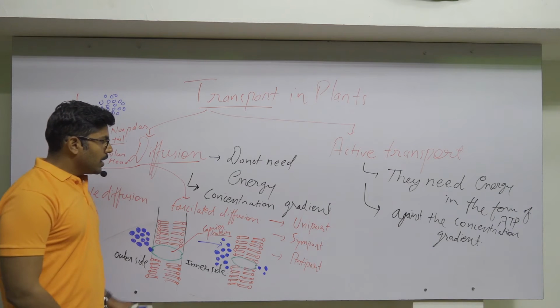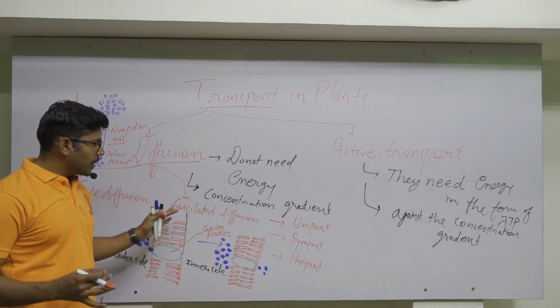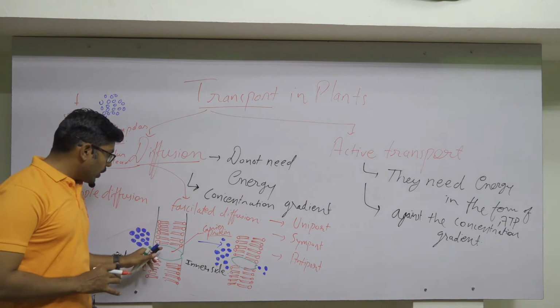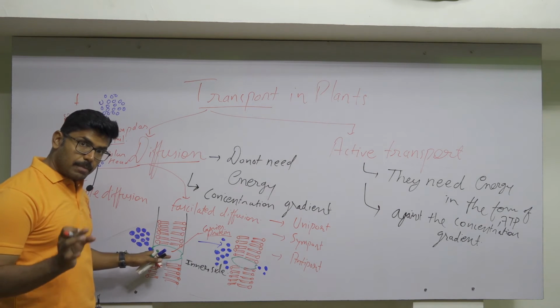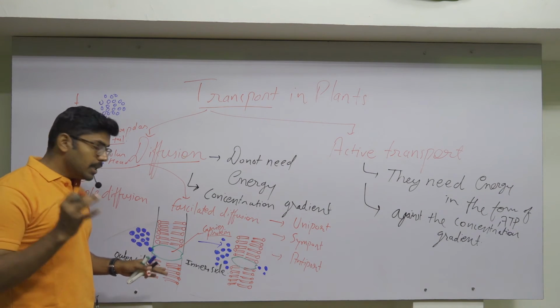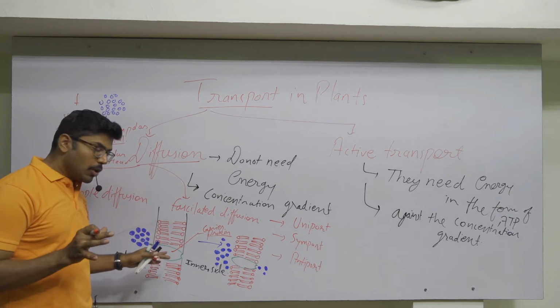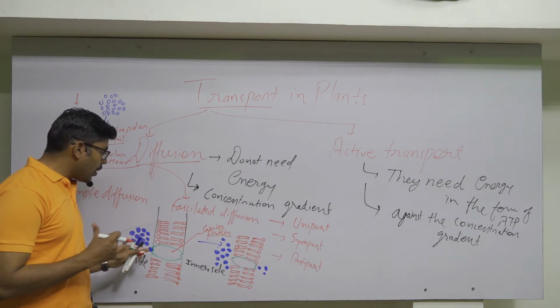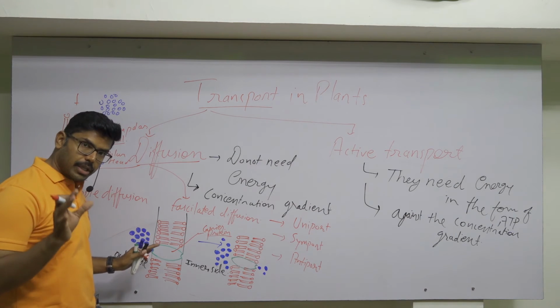Okay, so facilitated diffusion needs a carrier protein, but it doesn't need energy because it is done according to its concentration gradient.